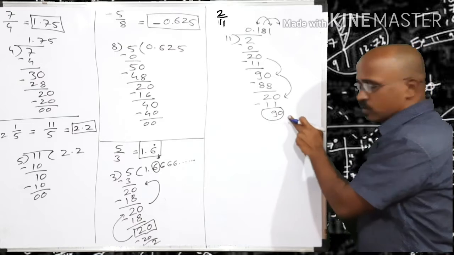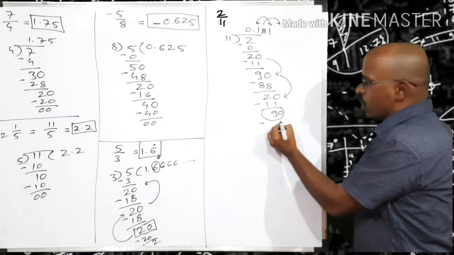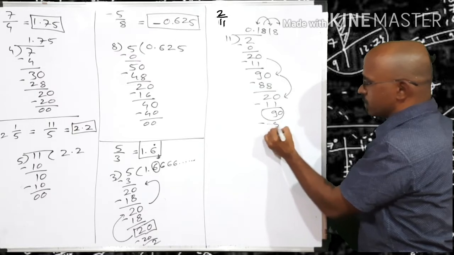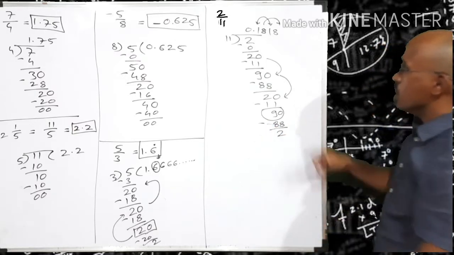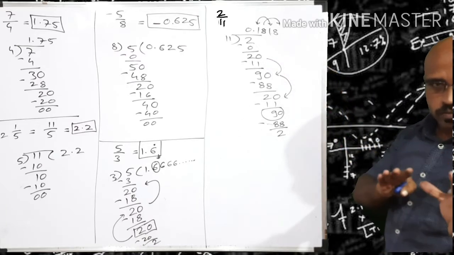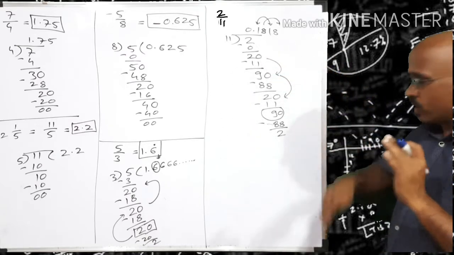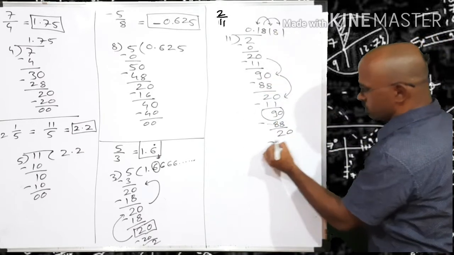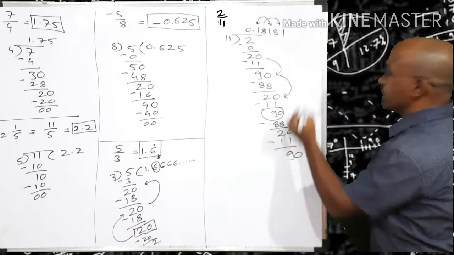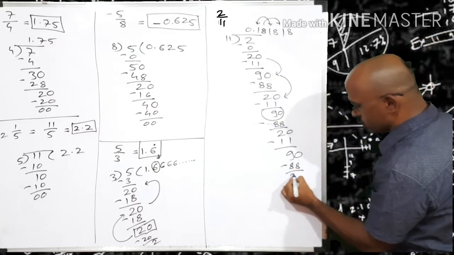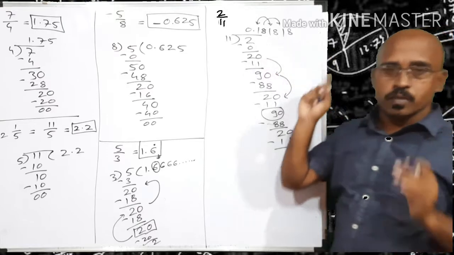So if I append 0 after it, I have to divide by 11, 8s are 88, minus 88, once again 2 is the remainder, means here this group of numbers 1 8 1 8 is going to reoccur. So the group of numbers 1 8 1 8 is recurring. 20, 11 1s are 11, 9, 90, 11 8s are 88, 2, means here a group of numbers is recurring.